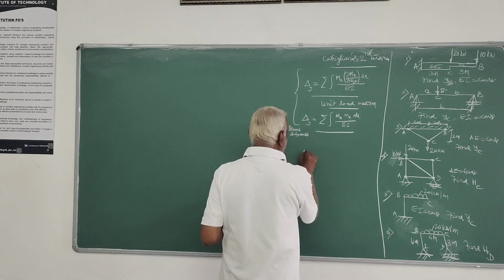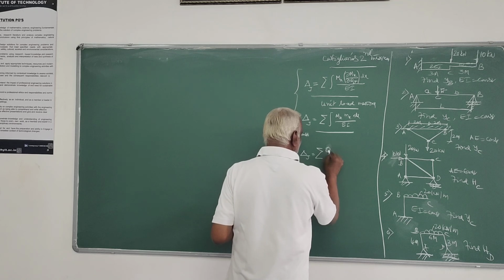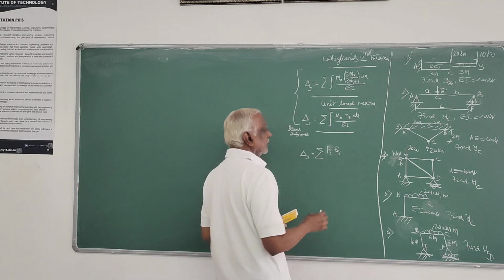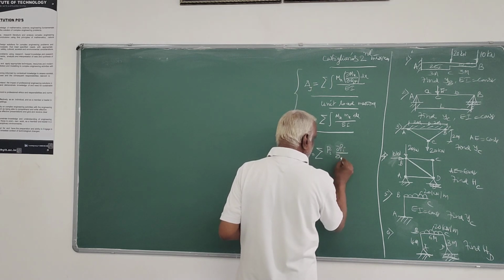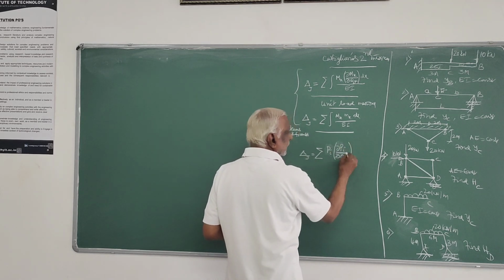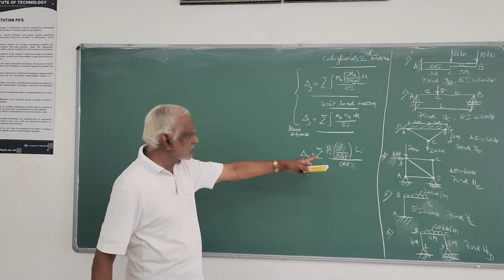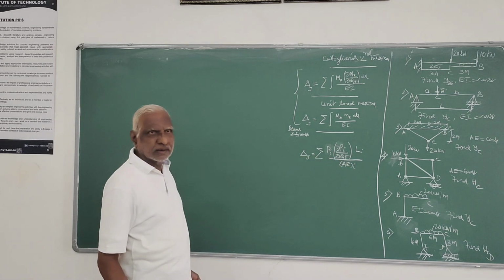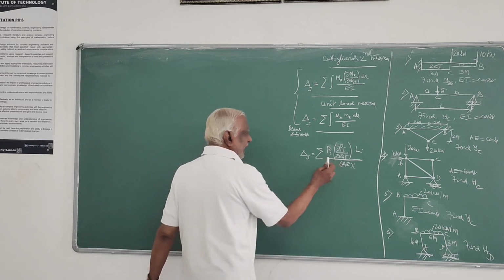For trusses, we have to use delta_j as the sum of P_i, the actual force, partial P_i by partial Q_j, L_i divided by A_i E. There also, wherever you want to determine the displacement, you have to apply a load Q. It is only a force, not a moment, so there I have used the symbol F, I think.